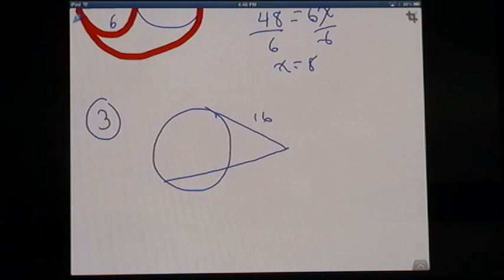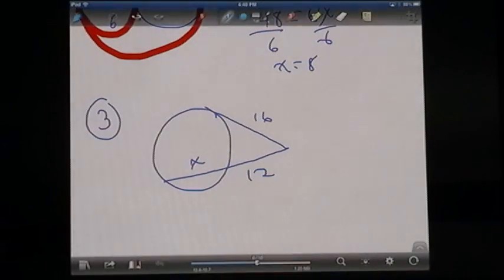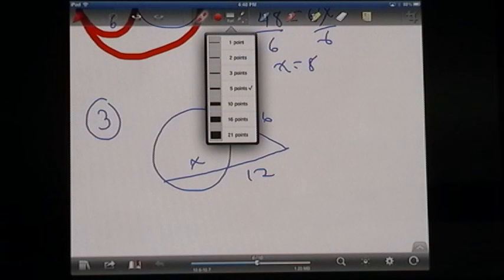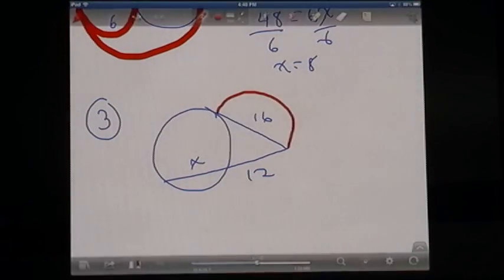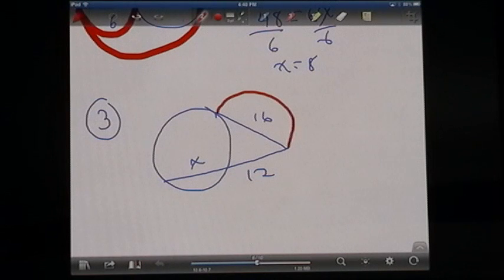Okay, 16 and x and 12. This time you're going to use the segments of tangents and secants. Really, it's the segment of secants because this is really both the partial, the outside part of the segment, and the whole.